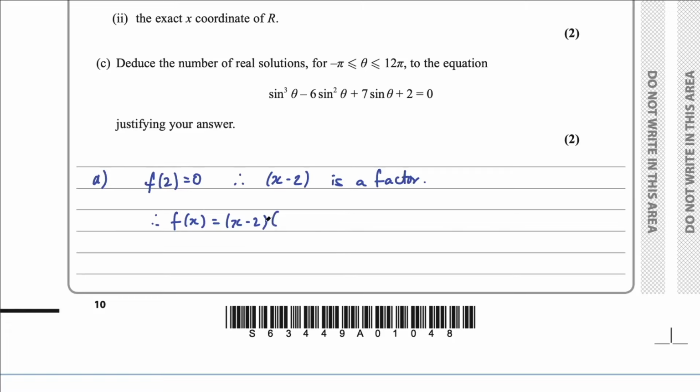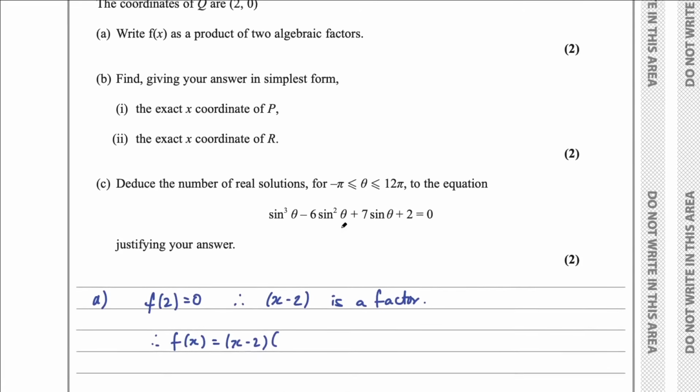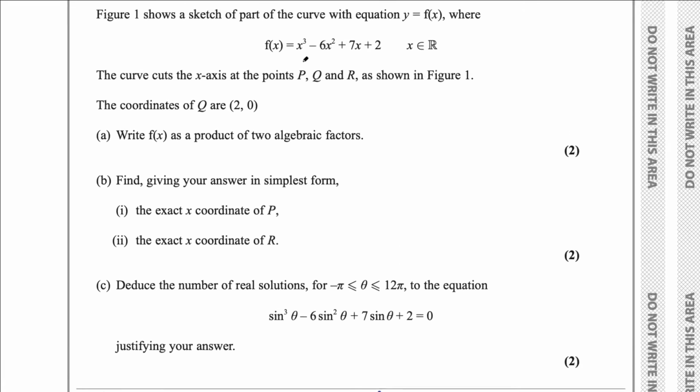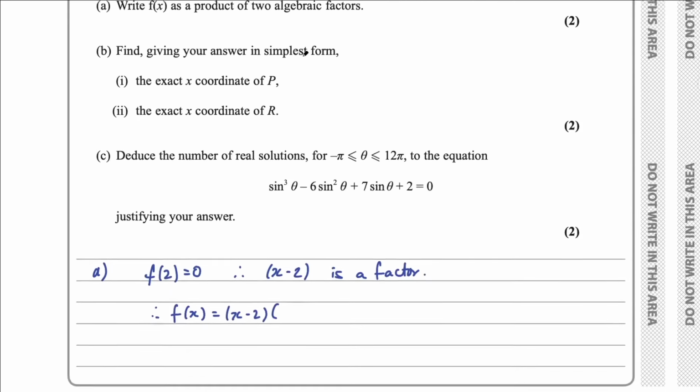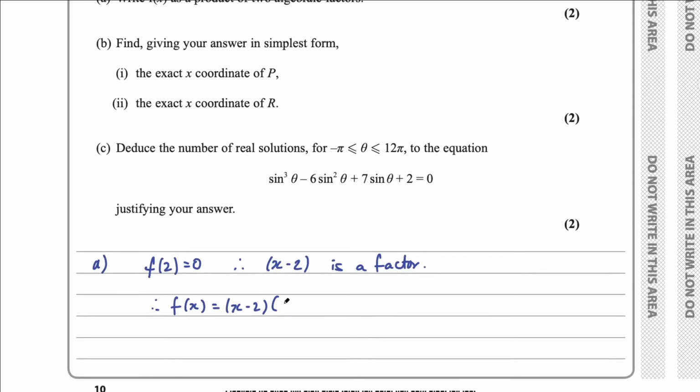Now you could write this as ax squared plus bx plus c, but if we think a little bit ahead and look at this function, x cubed take 6x squared plus 7x plus 2, the coefficient of x cubed is 1, therefore the coefficient of the x squared term in the quadratic must be 1 to get 1x cubed.